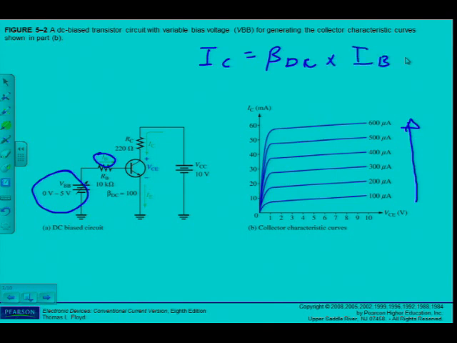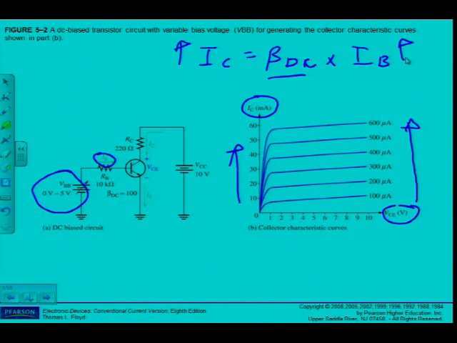So I can see as I increase IB, I assume my beta DC to be fairly constant, although we know it isn't. I can see that IC will also increase, and I can see it on the characteristic curve of my transistor. Remember, my transistor's characteristic curve is on the axis of IC against VCE. Alright, so as I increase the current, I can see also that I have an increase here in my IC values as well.